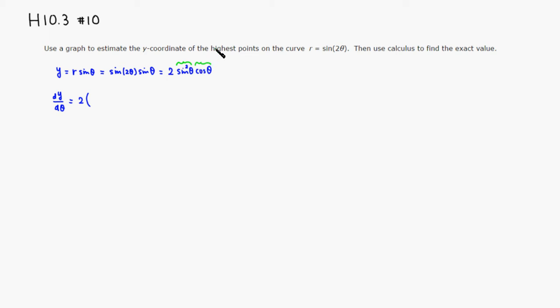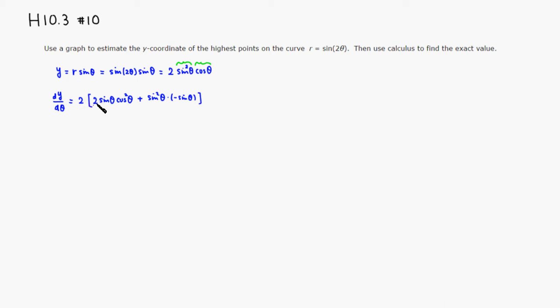The derivative of sine squared of theta would be 2 sine of theta, and by the chain rule, the derivative of sine is cosine, so you multiply by cosine of theta, and times cosine of theta, so it's cosine squared. Plus sine squared of theta times the derivative of cosine, which is negative sine of theta. Maybe I should change that to a bracket here.